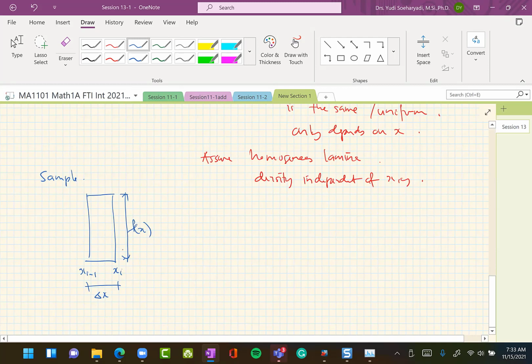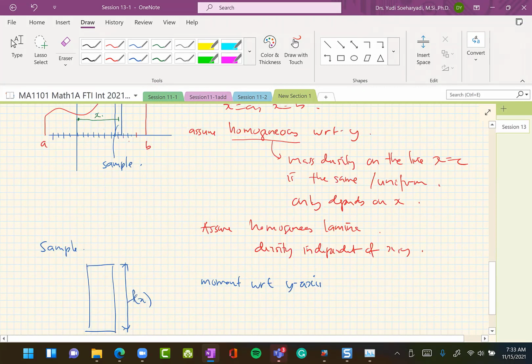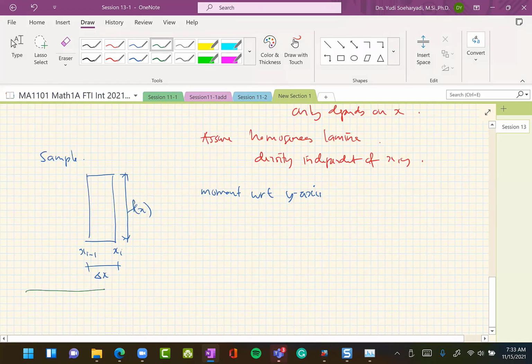So let's compute the moment with respect to the y-axis. You've got to multiply by this distance, which is the x coordinate.